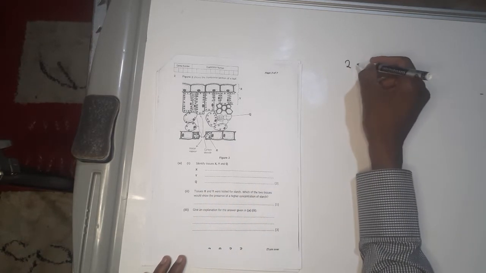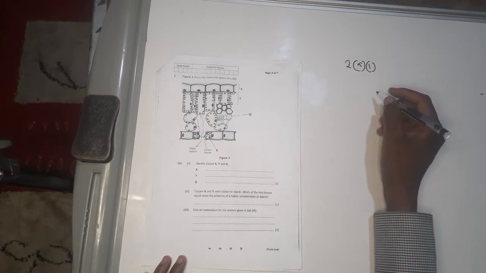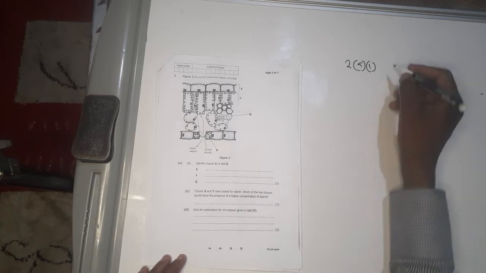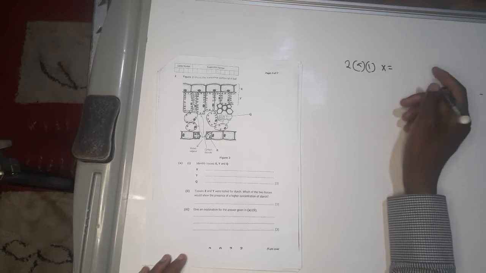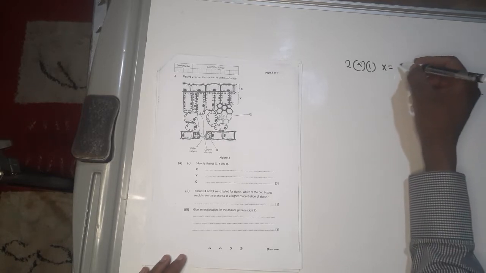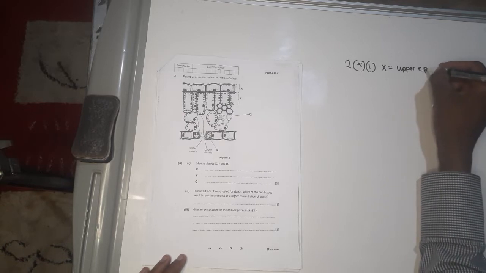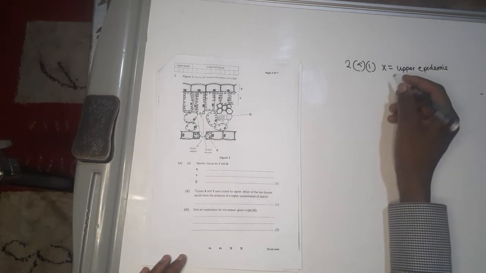Okay, so the first question is question 2A, Roman numeral 1. Identify the tissues X, Y, and Q. So we start with X. X, that is the upper epidermis. So part X, that is the upper epidermis.